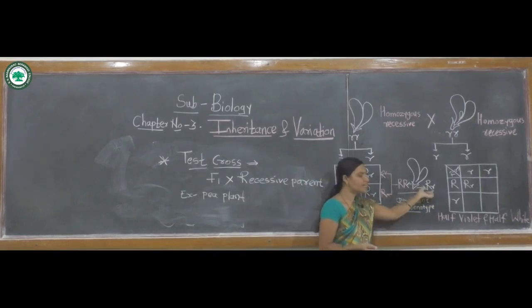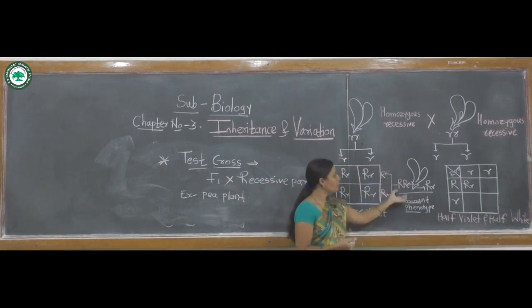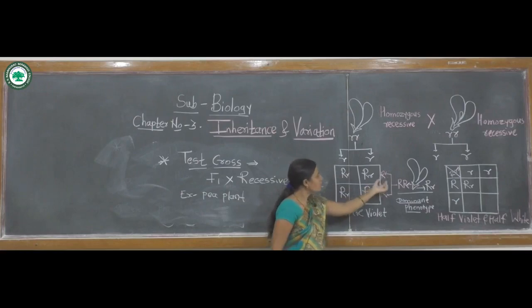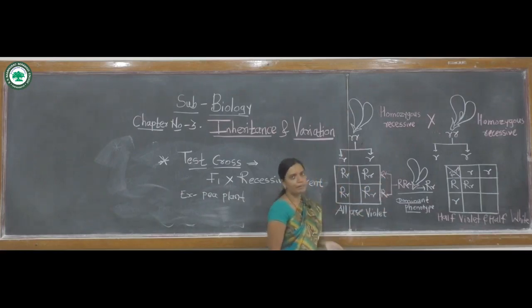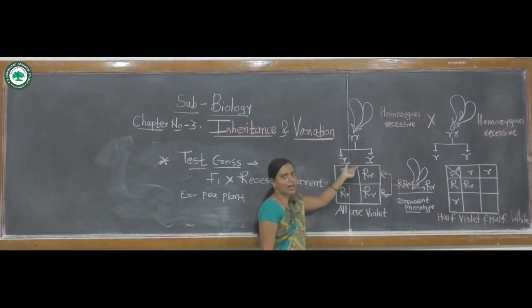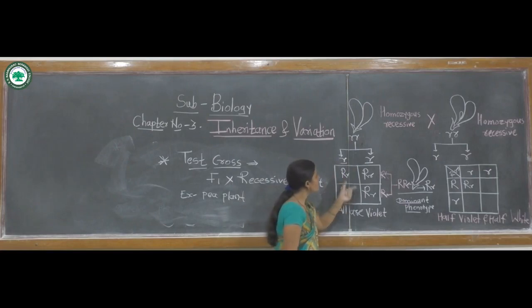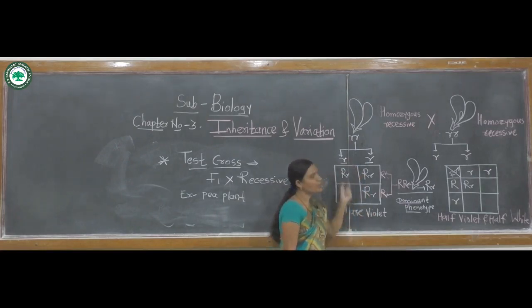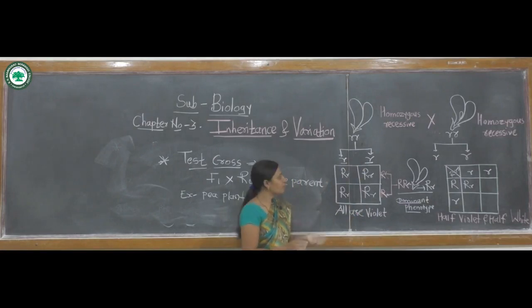This is homozygous or heterozygous. In pea plants, the first cross, this dominating F1 is crossed with the recessive parent. This recessive parent is small r, meaning the white color flower; the violet flower is crossed with the white flower, and the F2 generation is counted.